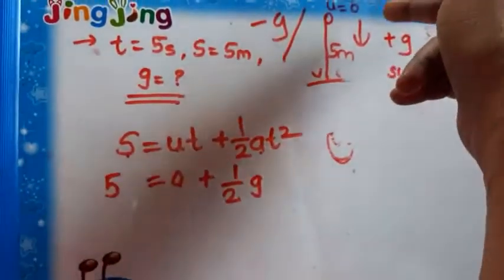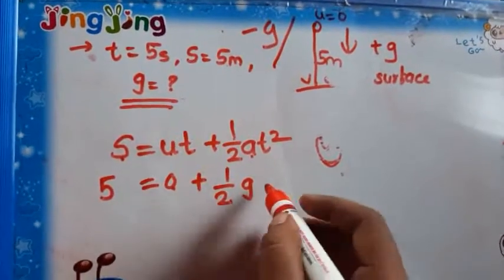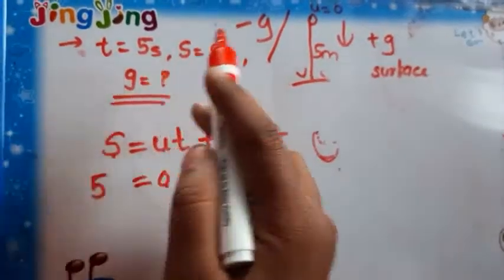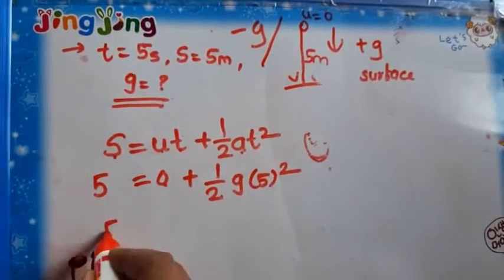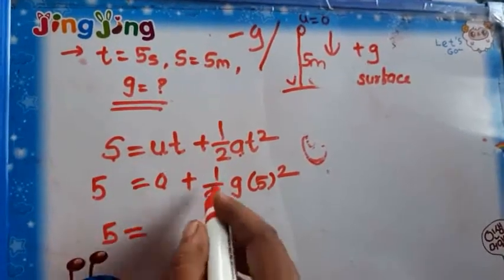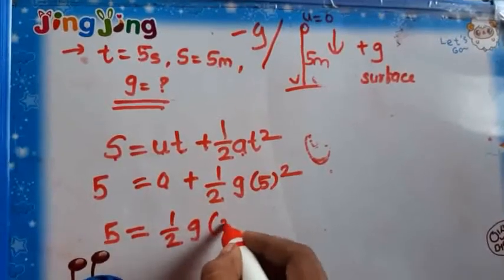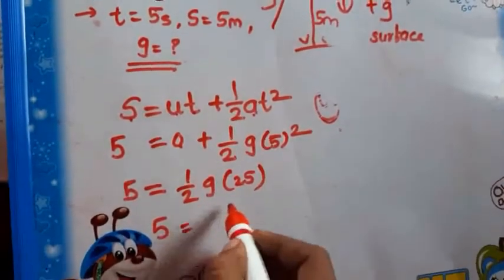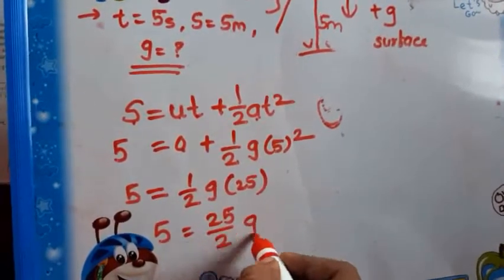So for this case, as it is downward, g will be positive, into t square. Time is 5 seconds, so 5 square. So 5 is equal to 0, we will just ignore, half g 5 square, 25. So 5 is equal to 25 by 2 g.